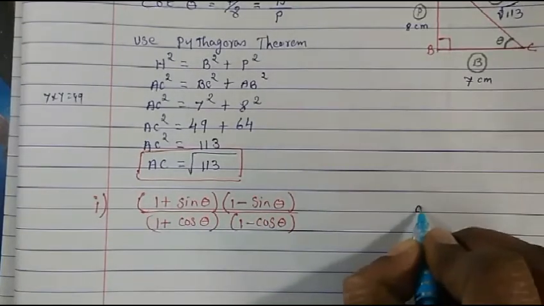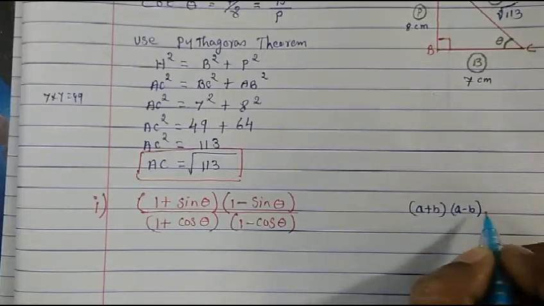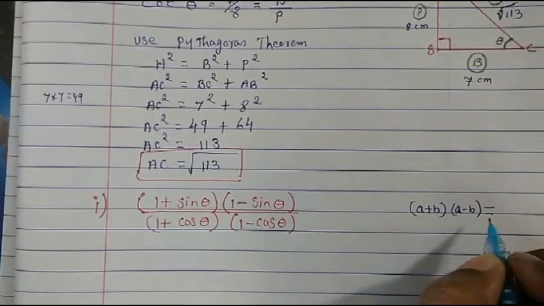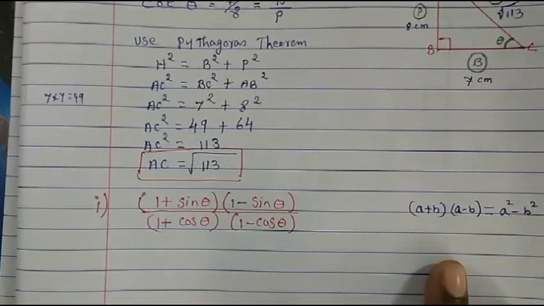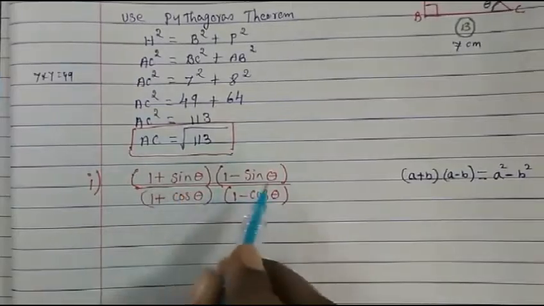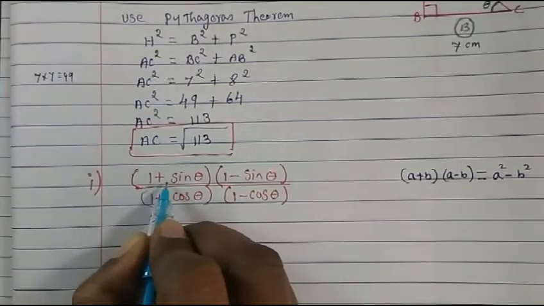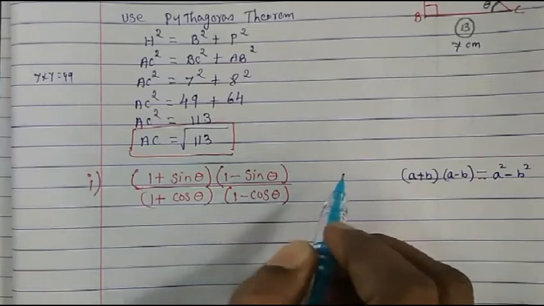So what is that? (a plus b)(a minus b) gives us what actually? a square minus b square. This you have studied in your smaller class. So in the same way, can we write this? (a plus b)(a minus b) will become a square minus b square.